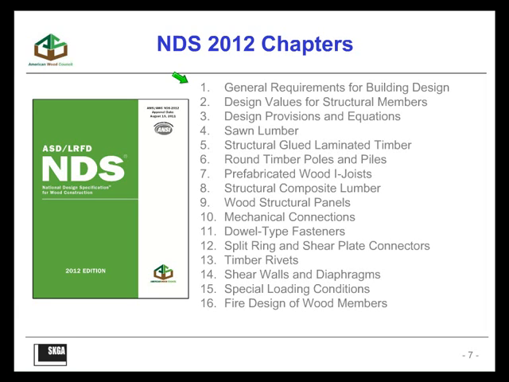Now, the most extensive revisions in the 2012 edition happen in Chapter 5, Glued Laminated Timber, Chapter 6, Round Timber Poles and Piles, and Chapter 12, Split Rings and Shear Plates.